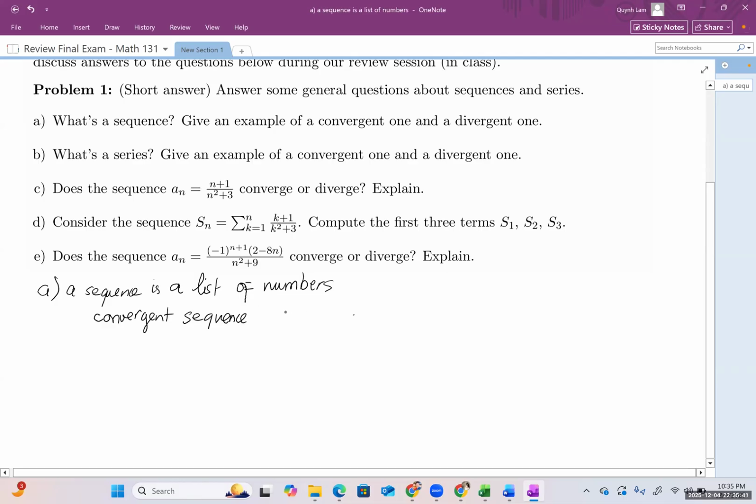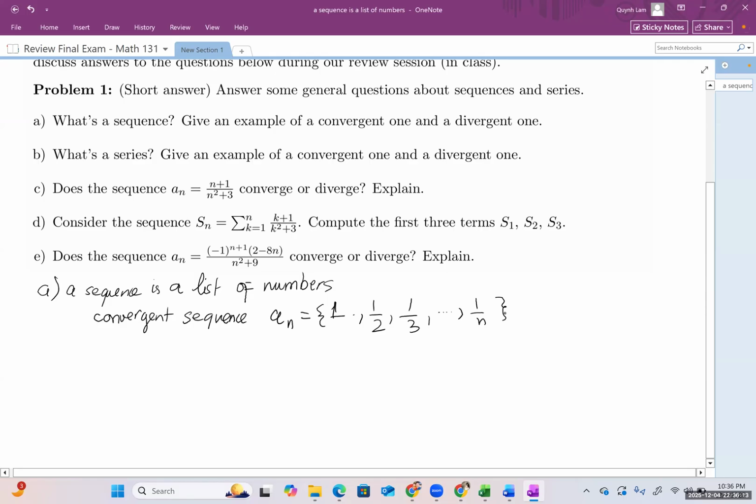Let's say a_n will be something in the set like one, one half, one third, and so on up to one over n.